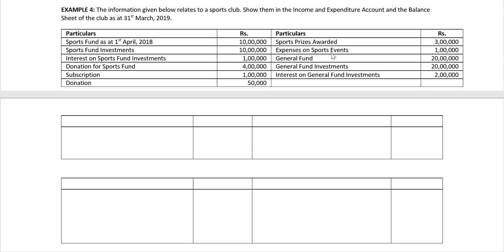Sports prizes awarded is rupees 3 lakh. Expenses on sports events is rupees 1 lakh. There is a general fund of 20 lakh rupees. General fund investments are also there for 20 lakh rupees. And interest on general fund investments 2 lakh rupees. So let's go ahead with the solution.